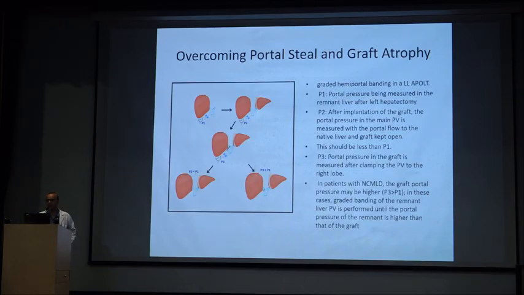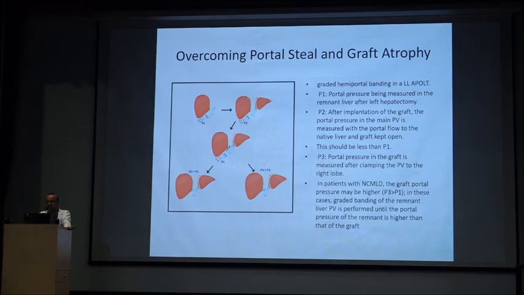So the unique problem associated with this APOLT is the portal steal phenomenon that may lead to graft atrophy, and the pioneers have described this three-level technique. First, graded hemiportal banding in left lobe APOLT. First, the portal pressure is measured in the remnant liver after left hepatectomy, that is the right liver. P2 after implantation of the graft in the main portal liver.